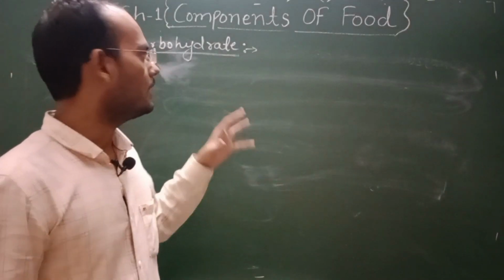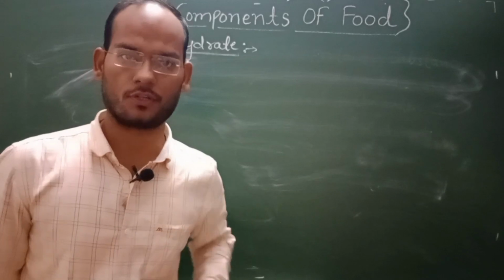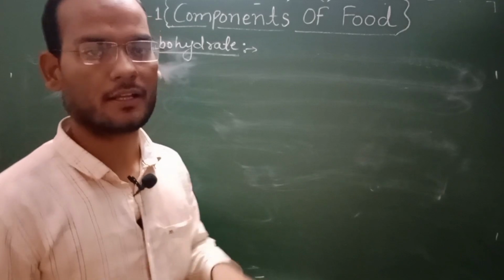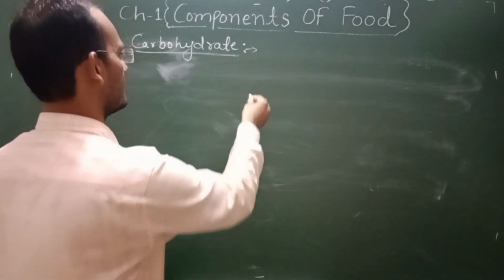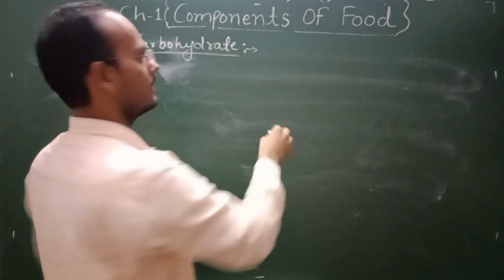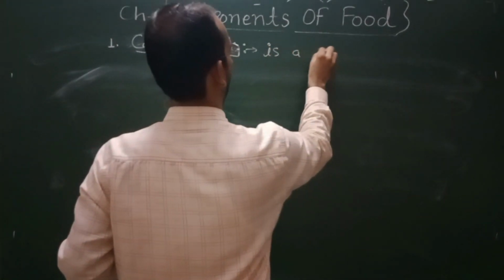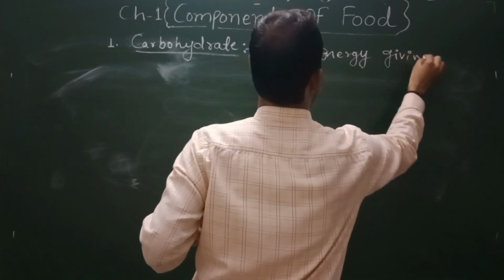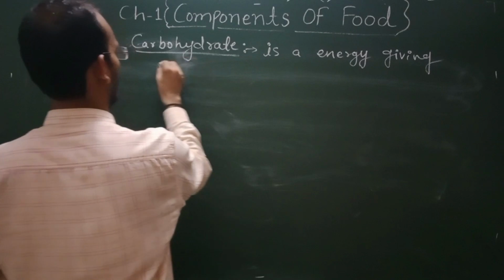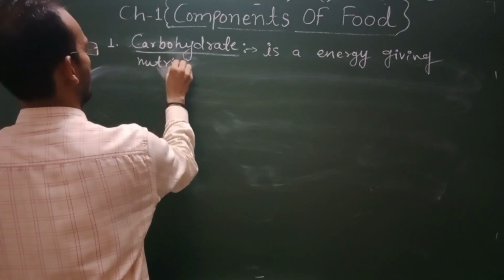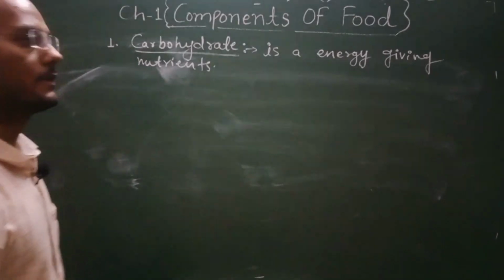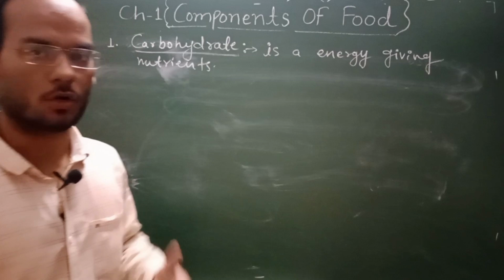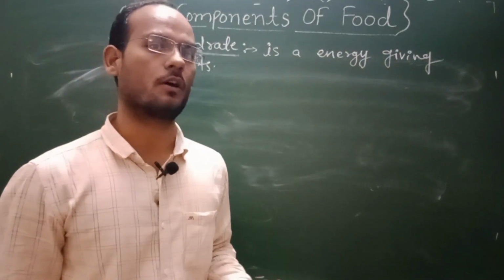Carbohydrate is an important nutrient of the food, and it is called an energy giving nutrient. Clear? Why is it called an energy giving nutrient?